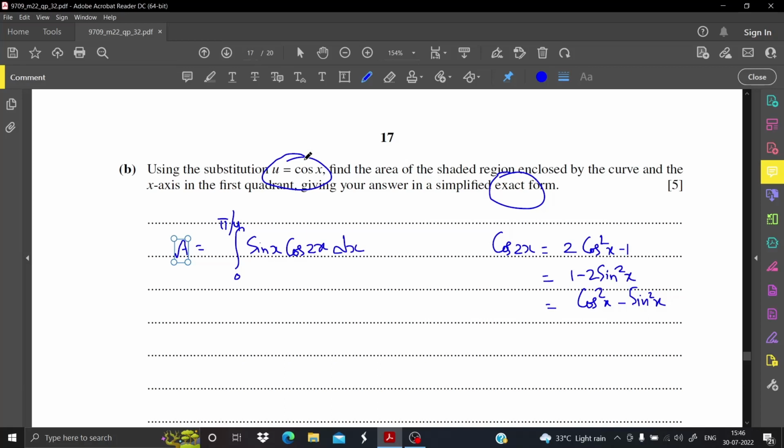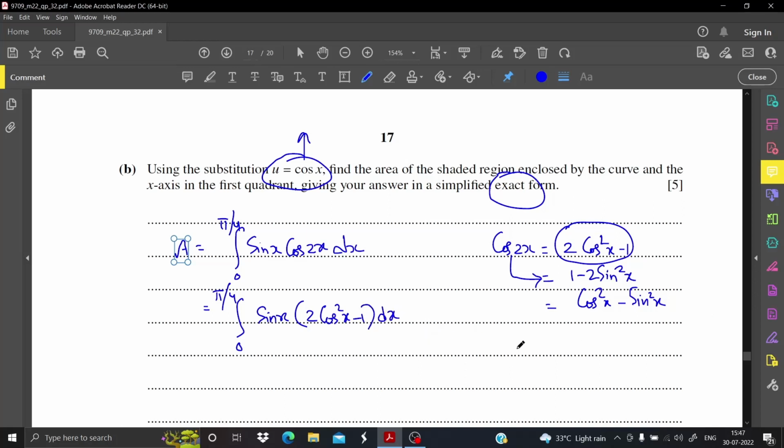Since here it said u equal to cos x, that means you're going to replace the cos x with u. So you cannot transform the cos 2x in terms of 1 minus 2 sin square. Instead, we'll go for 2 cos square minus 1. So this will be the integral from 0 to pi by 4 of sin x, first write the step, 2 cos square x minus 1 dx.